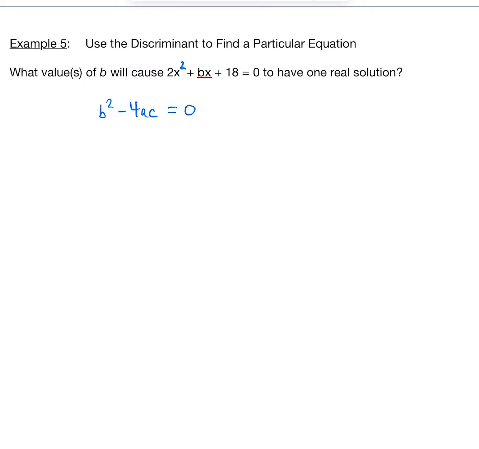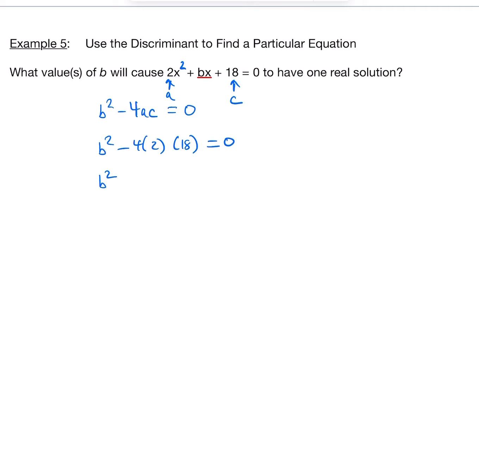Then we can plug in the values for a and c. We know this is a, we know this is c, so when we plug that in, we get b squared minus 4 times 2 times 18 equal to 0.